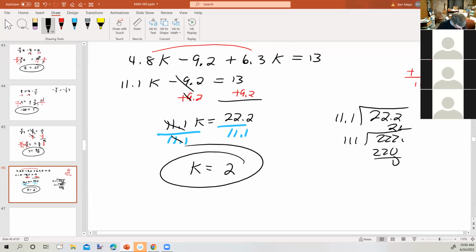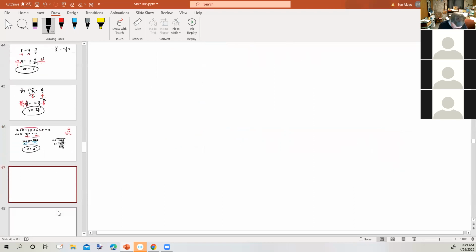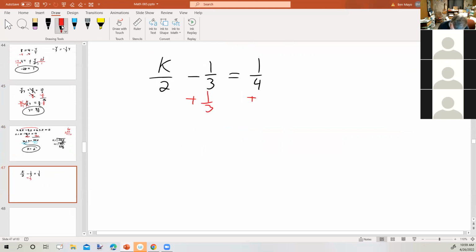Okay, let's see here. How about this one? K over 2 minus 1/3 equals 1/4. So the first thing I'm going to do is add 1/3 to both sides of the equation.